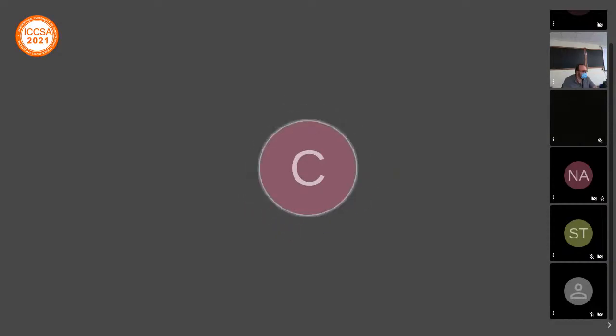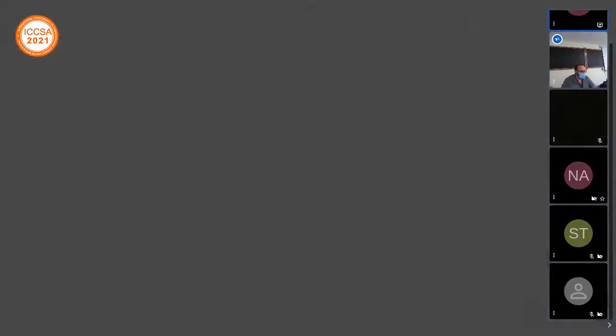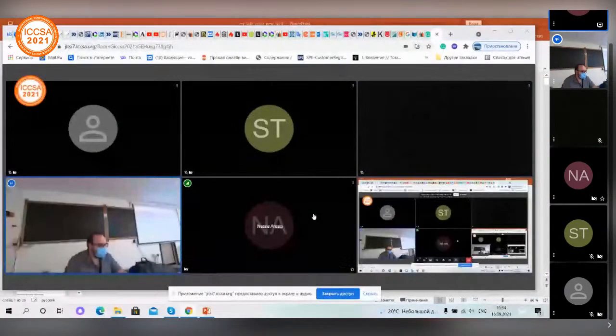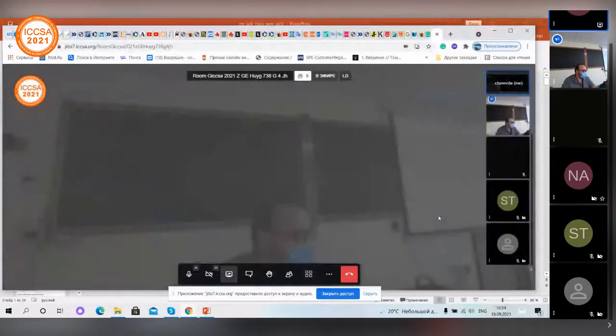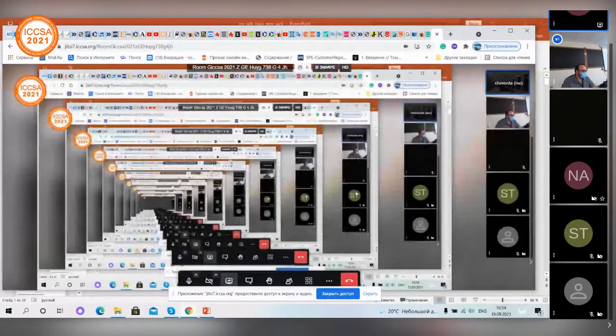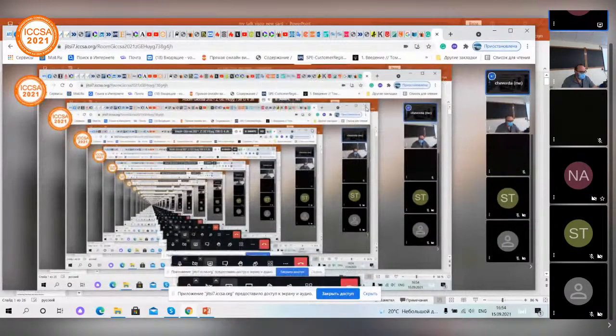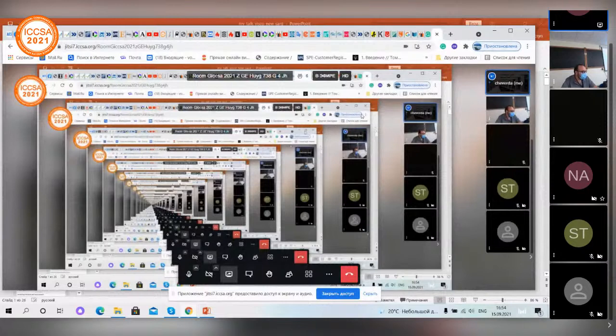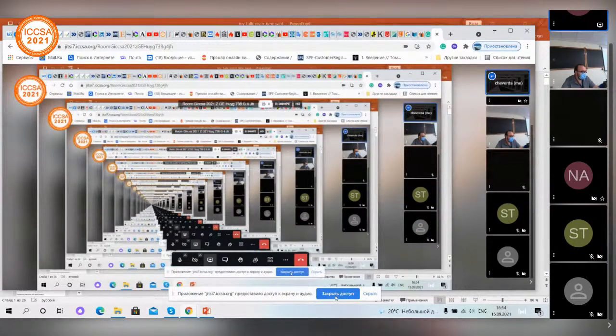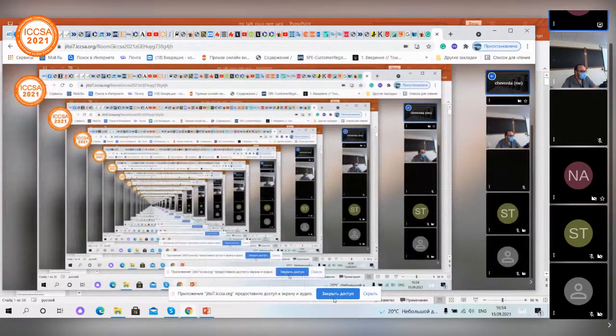Just a moment, I'm trying to... I'm not sure what is happening. I think you have to reduce the icon of the browser.